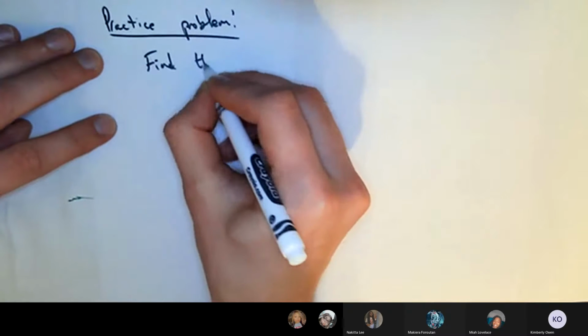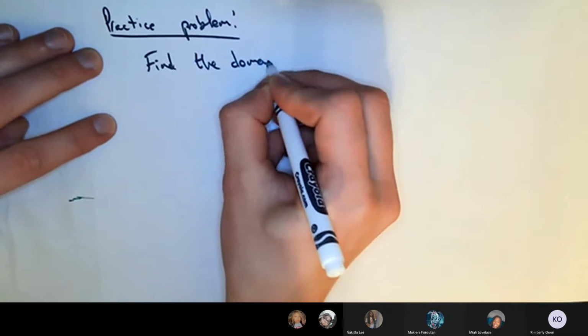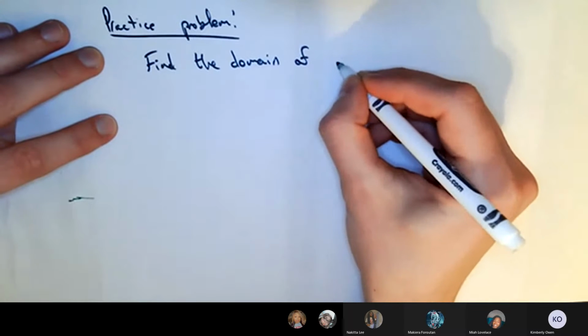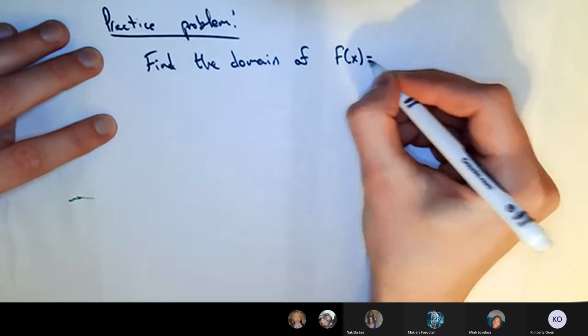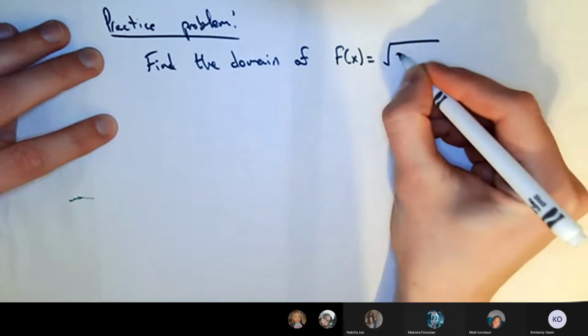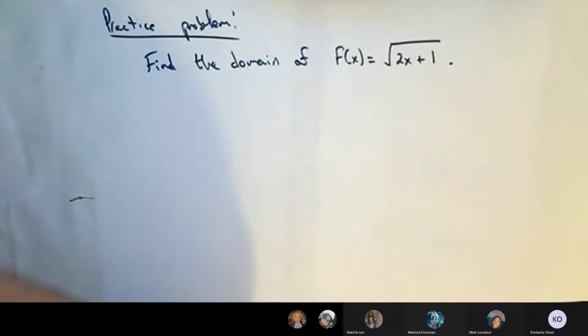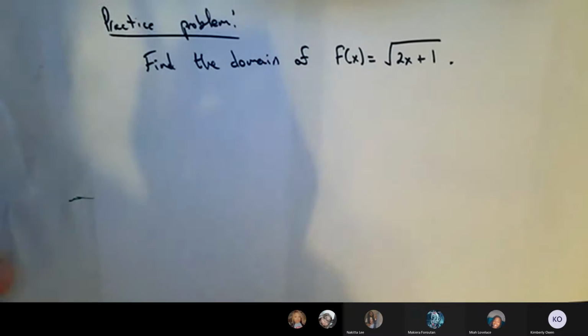Find the domain of f of x equals square root of 2x plus 1. I will give you guys a second, and then I'll call on one of you to answer that.